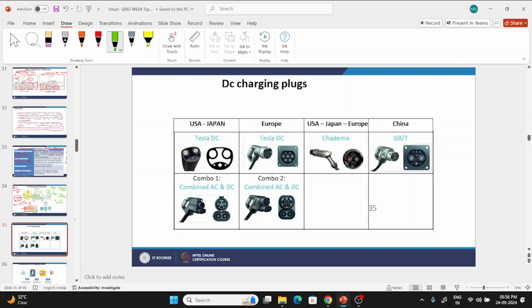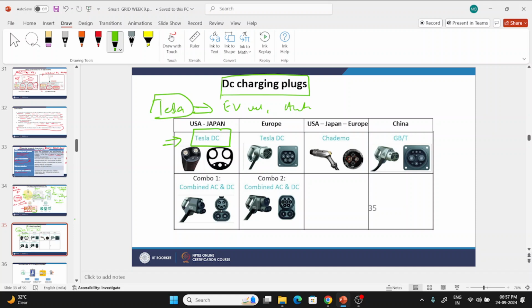Now, there are various DC charging plugs available in the USA and Japan. Tesla, a very recognized company in the world, has developed EV vehicles and also autonomous, self-driving vehicles. They have fabricated their own charger, known as the Tesla DC charger.